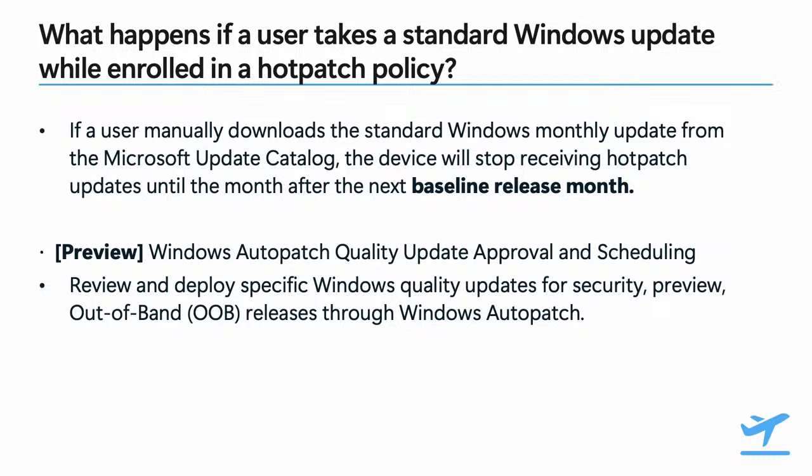Also currently in private preview and open soon is the ability to do Autopatch quality update approvals and scheduling. This new feature will give you the ability to have explicit control over which quality updates are deployed and when you approve specific different content to the same device groups that are eligible for Hotpatch.